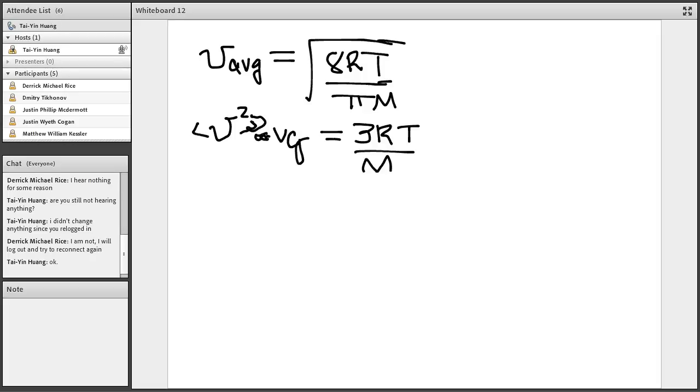So now let's say we want to know what is the average kinetic energy of the system. We have a room full of molecules flying around. In order to calculate the average kinetic energy, each individual particle is moving with 1/2 mv squared. That's the expression for the kinetic energy, right?